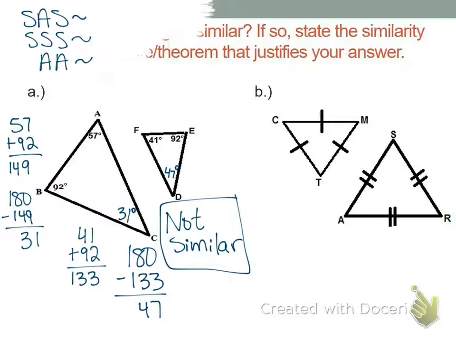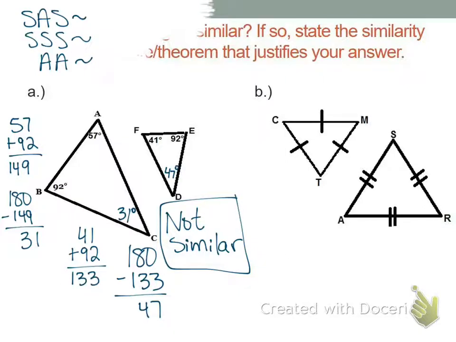So if we need to, we could play a game where we just say, well, I don't know what this side is. So you could pick a number or you could just pick a variable. Usually if we don't know something, we use a variable.